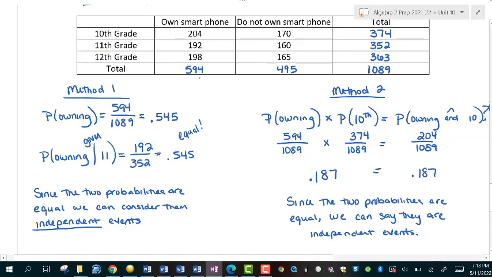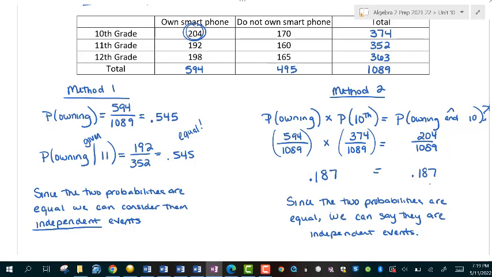The probability of choosing a 10th grader was 374 over 1,089. And then that intersection, the probability of owning a smartphone and being in 10th grade, was 204 divided by 1,089. So once I calculated those, again, don't forget those parentheses, I found that those were equal probabilities. That means that the two events are independent events.